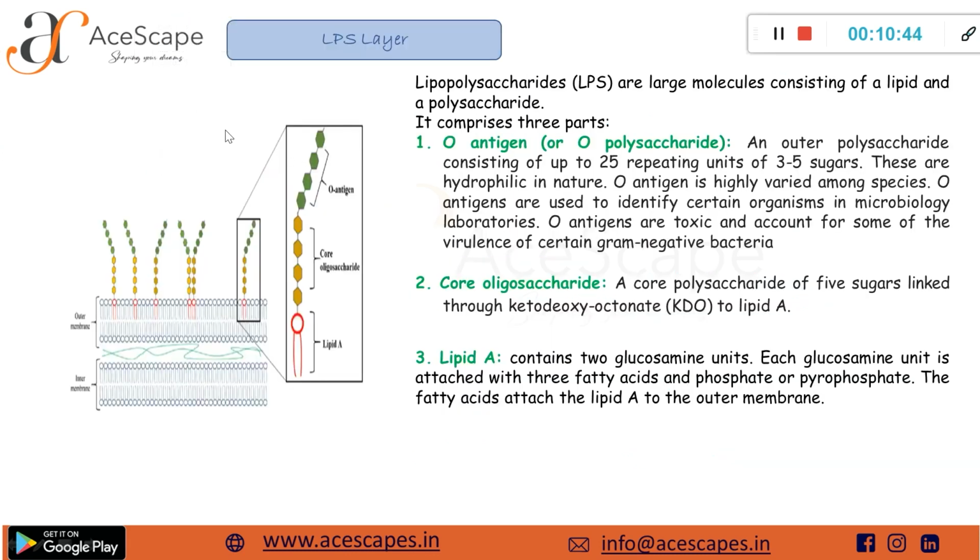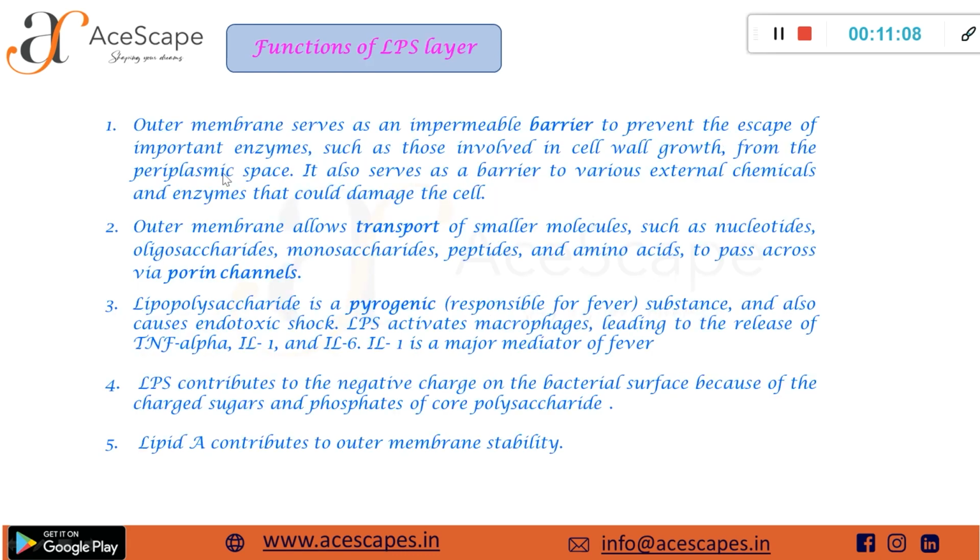Now, as we know there is an outer layer called the LPS layer, we should know its structure. Here are a few points that constitute the LPS layer. Lipopolysaccharides are large molecules consisting of a lipid and a polysaccharide, which gives it its name. It comprises three parts, as you can see from the structure.